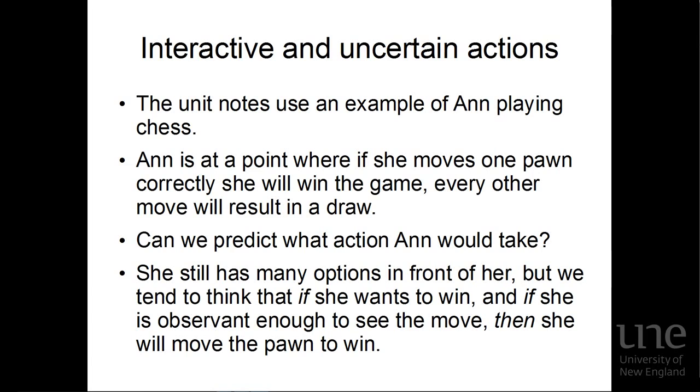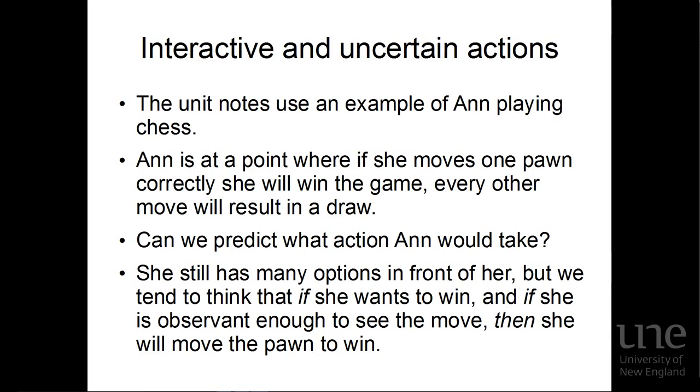She has many options in front of her, but we tend to think that if she wants to win, and if she is observant enough to see the move, then she will move the pawn to win. Is Anne still free? I would say yes. So here, the conditional nature of this rational choice is that Anne wants to win rather than draw. She prefers winning to drawing.